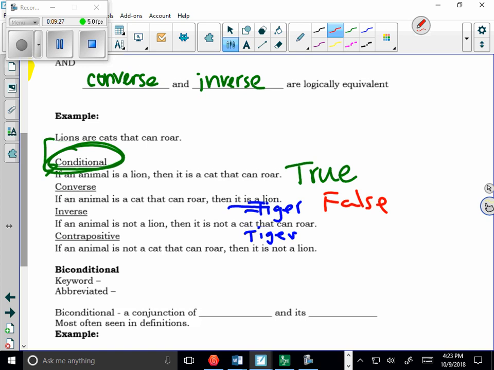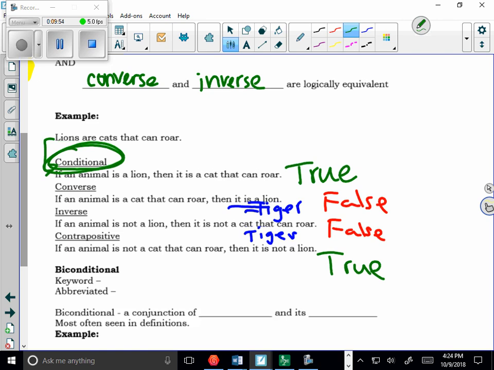And then the last one, contrapositive. If an animal is not a cat that can roar, then it is not a lion. That one is also going to be true. Because, like I said, we know that a quality that lions have is that they're cats that can roar. So if I've got an animal that is not a cat that can roar, there's no way it can be a lion.